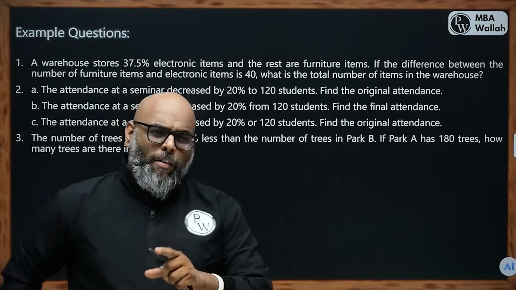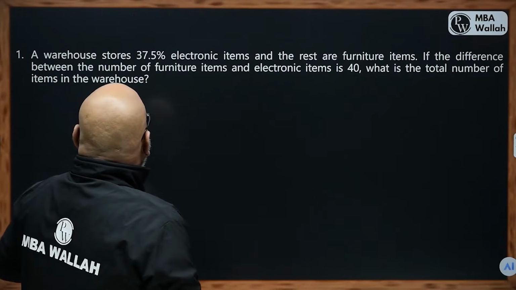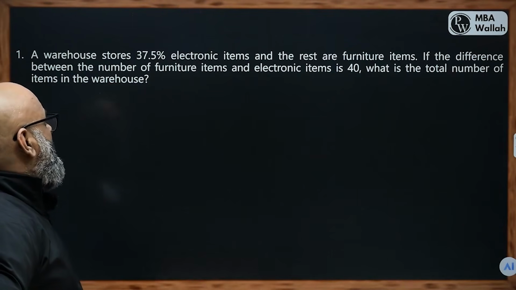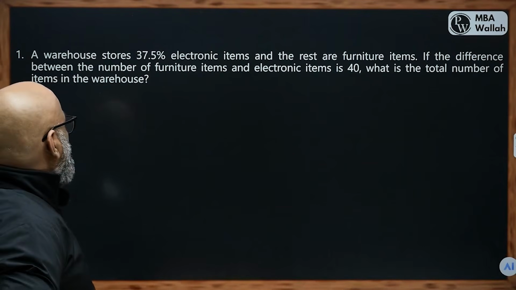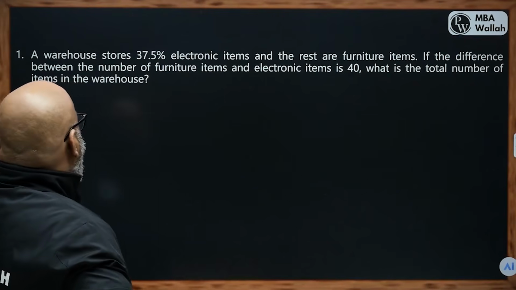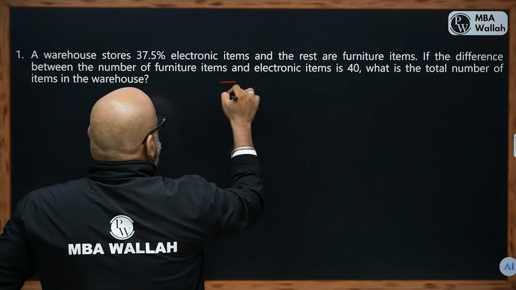So let's quickly solve a few basic questions and establish our fundamentals here. The first question says, a warehouse stores 37.5% electronic items and the rest are furniture items. If the difference between the number of furniture items and electronic items is 40, what is the total number of items in the warehouse? So there is a total number of items.